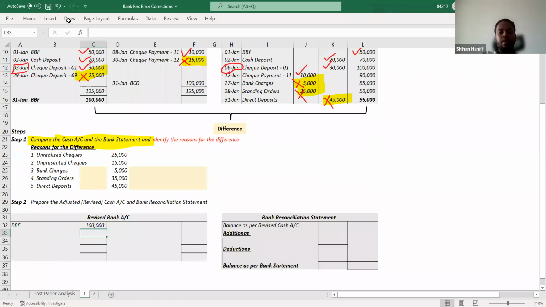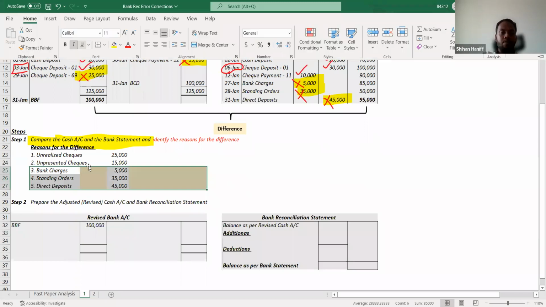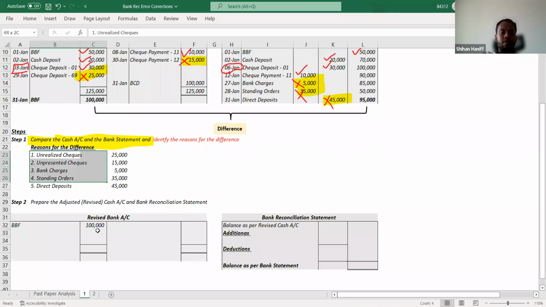These 3: the bank charges, standing orders, direct deposit. These are not in the bank account. So we must record these three transactions in the revised bank account. Any receipts will be debit and payments will be credit.